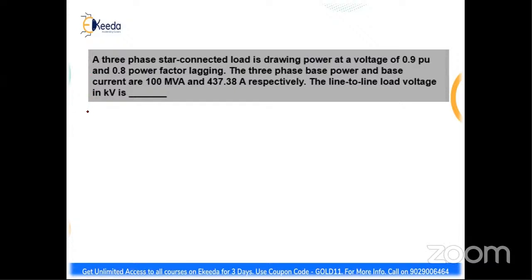So before that, let us write down the given data. He has given that the load is drawing power at a voltage of 0.9 pu and 0.8 power factor lagging.